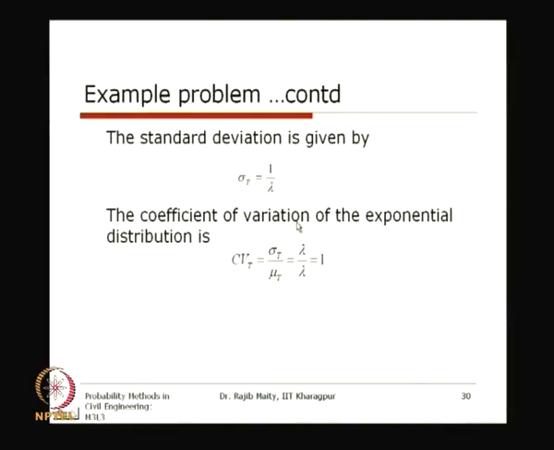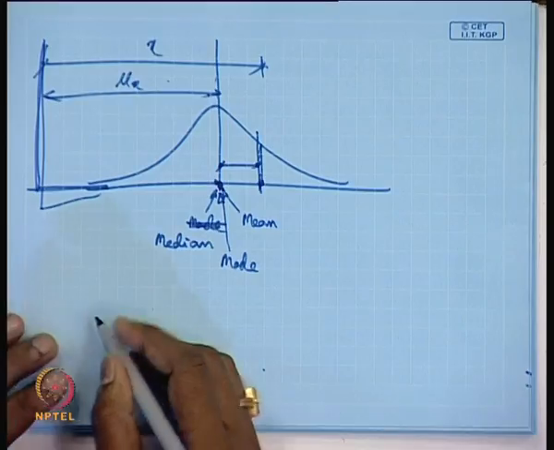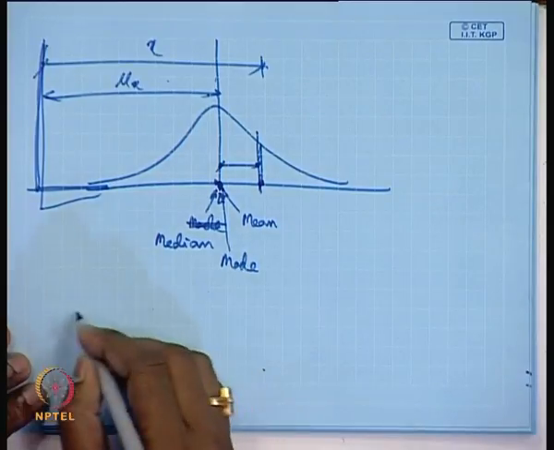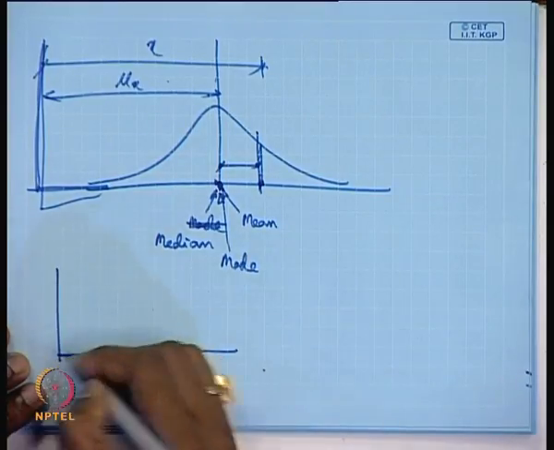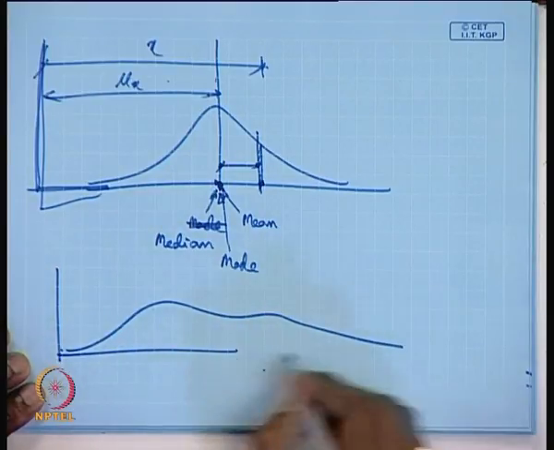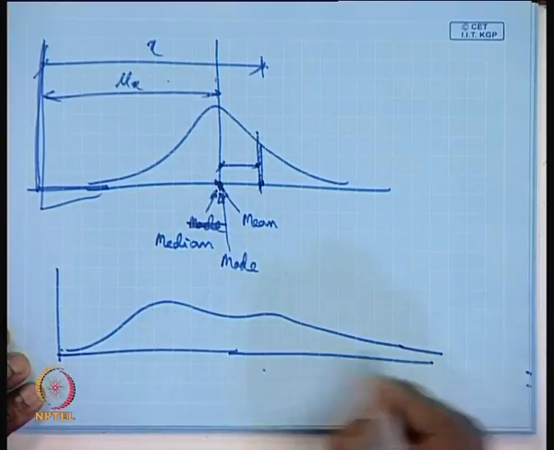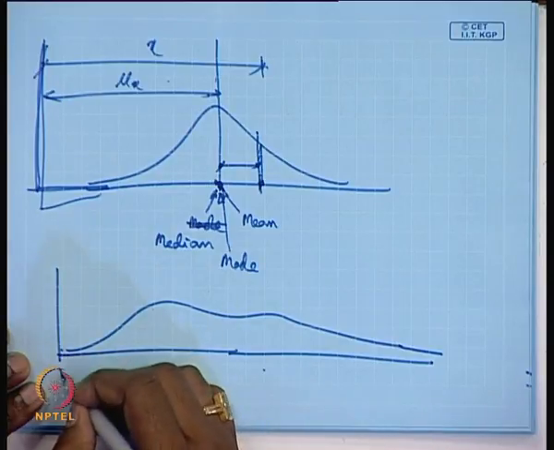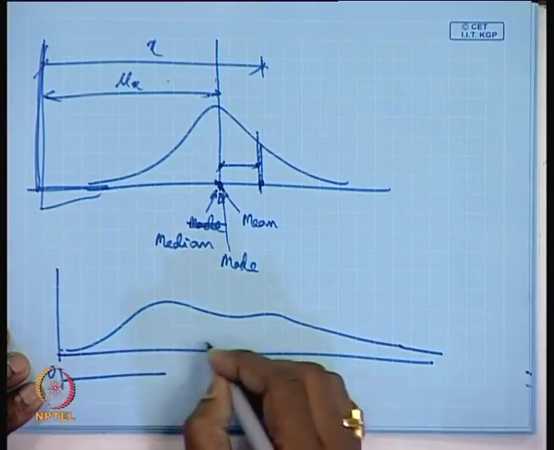What we have seen today is how the first moment about the origin gives the mean, and in the next class as well, we will see how, for one particular distribution, these moments actually come with respect to the origin.